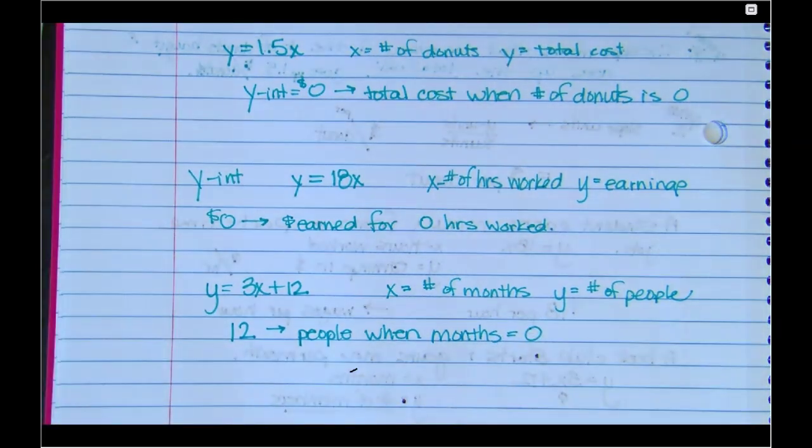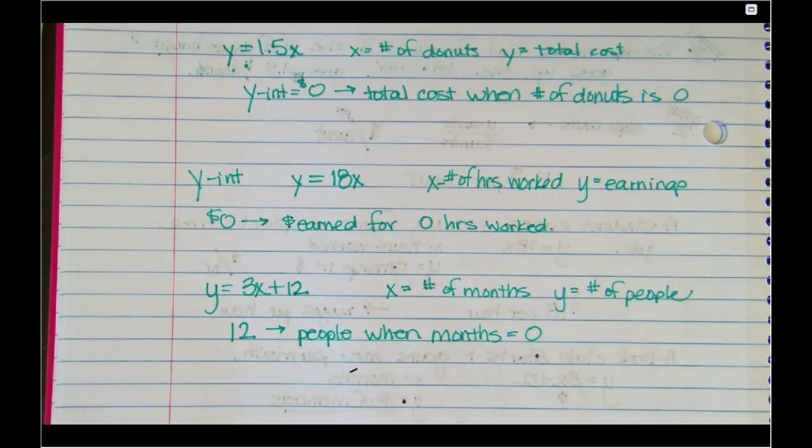Okay, so if the months equals 0, that's another way of saying when you started. So when something is 0, it's a way of saying when did it start. So this is the 12 people that started the book club. The book club started with 12 people, and then that 3 tells you that they get 3 people every month.